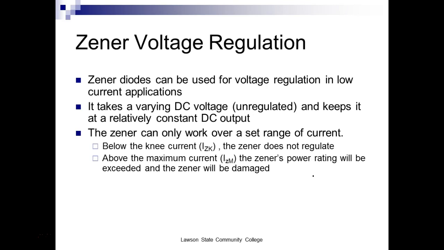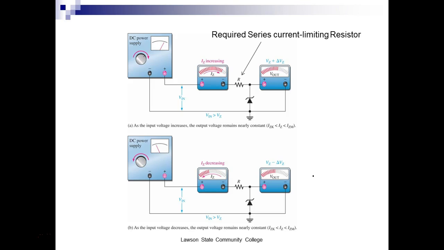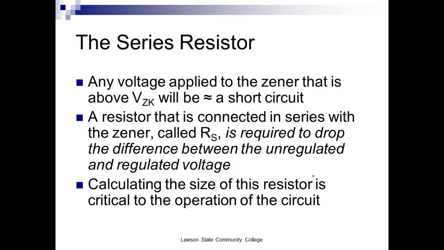Everybody okay? Below the knee. And this is just regulation. The series resistor: any voltage applied to the Zener that is above IZK will be a what? Short circuit.